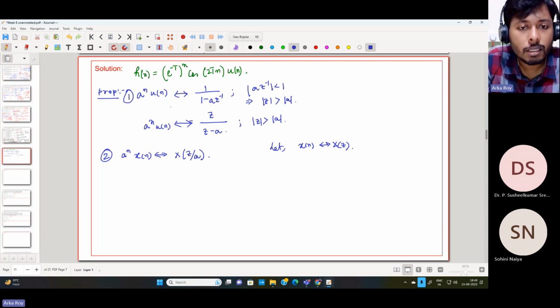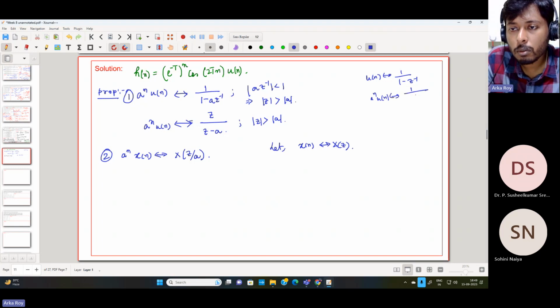So if we exploit this x[n] as u[n], for u[n] it is 1 divided by 1 minus z inverse. So if I multiply a to the power n u[n], in place of z, it would be z by a.